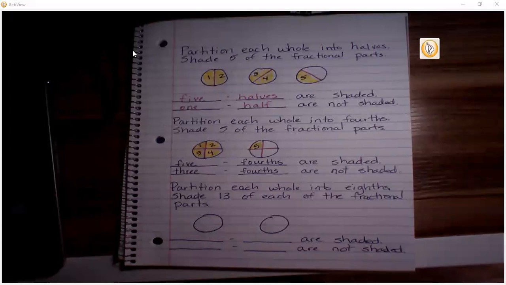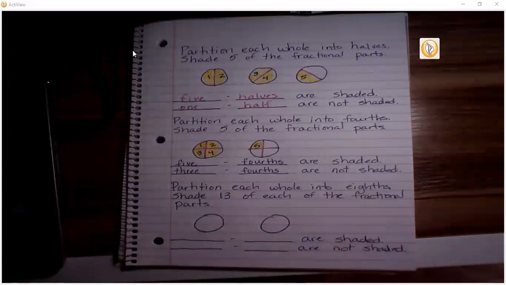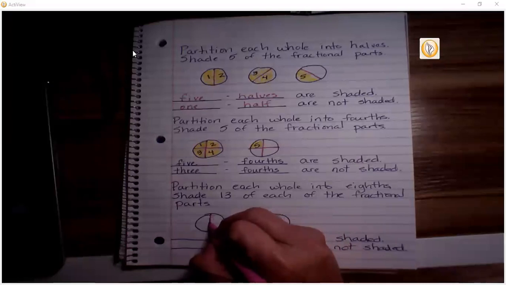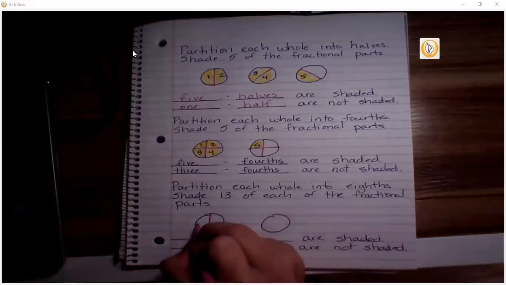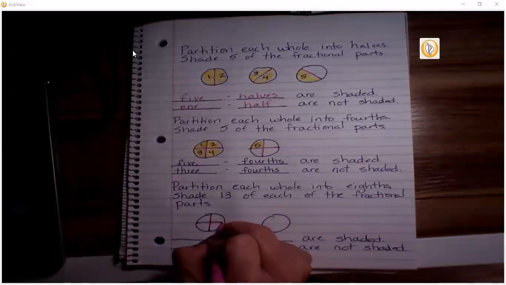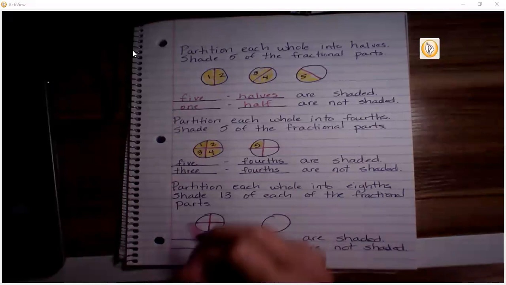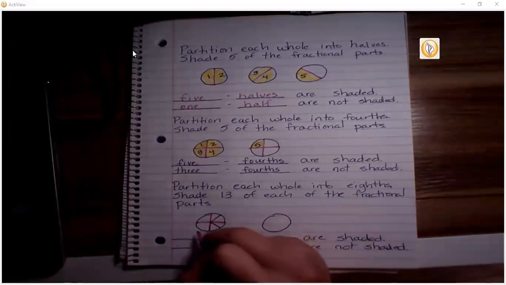So I know my magic number here is eighths. That tells me that I need to draw each circle into 8 pieces. So my easiest way to do this is to cut it in half. And then cut your halves in half. And then take each piece and cut that piece in half again.